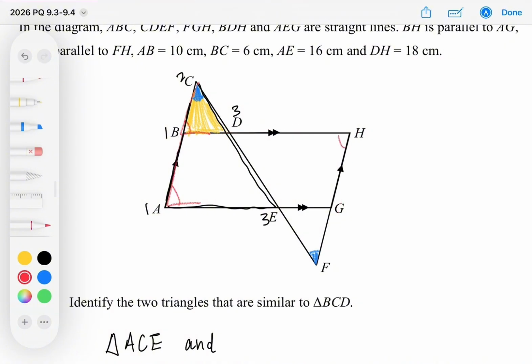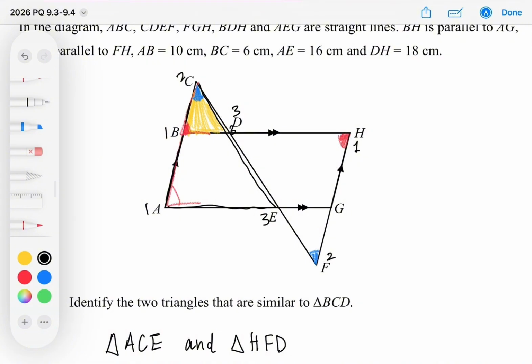So they will equate to each other. So if that is the case, then in the same order 1, 2, 3, triangle HFD is similar to triangle BCD.